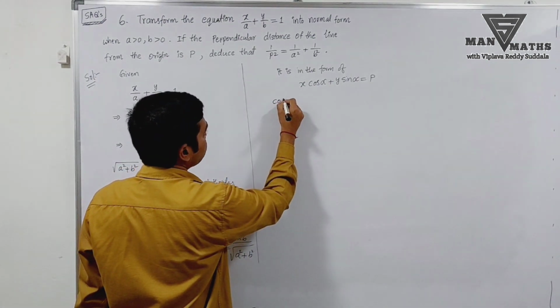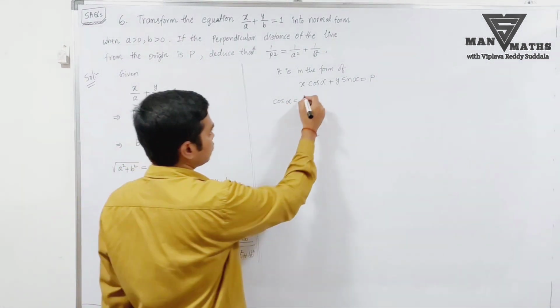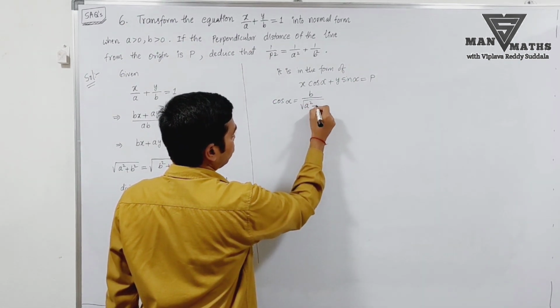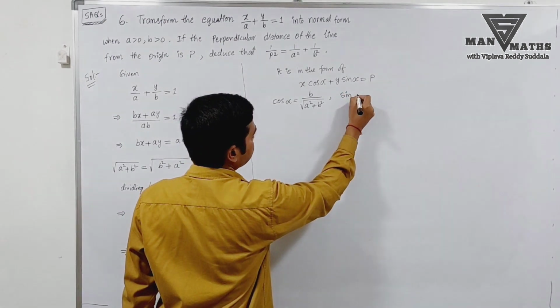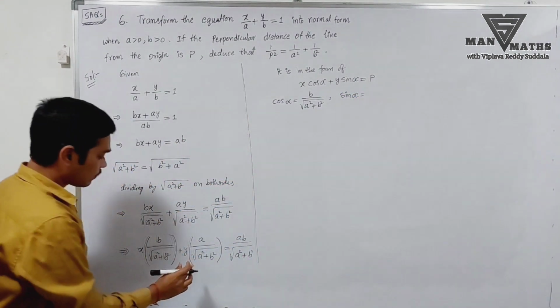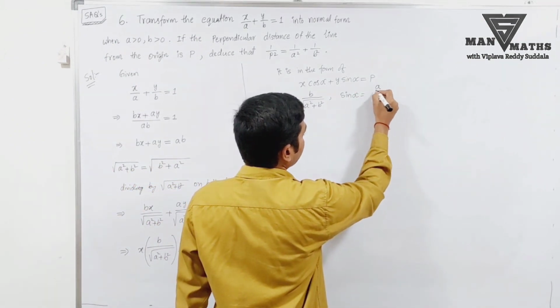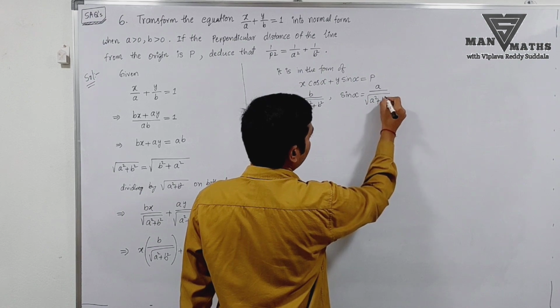We get cos alpha is equal to the coefficient of x, that is b by under root of a square plus b square, and sin alpha is equal to the coefficient of y, that is a by under root of a square plus b square.